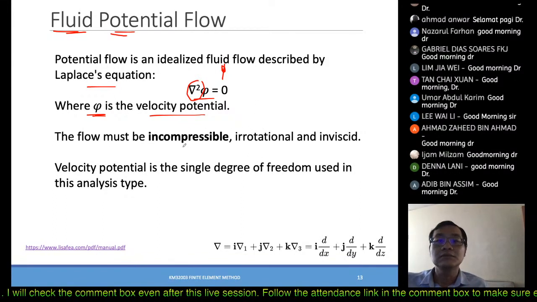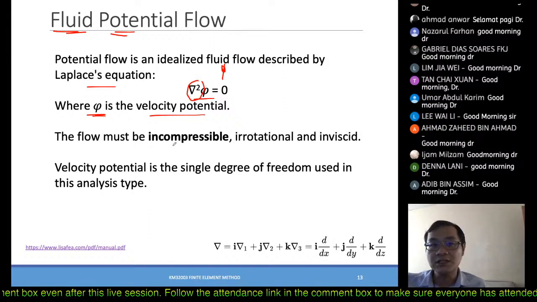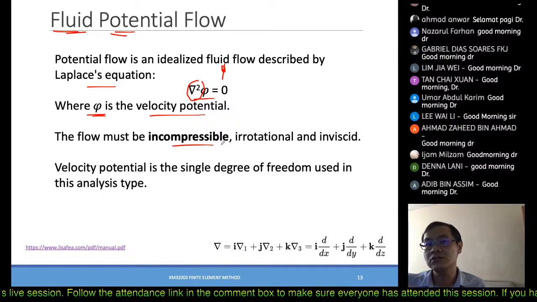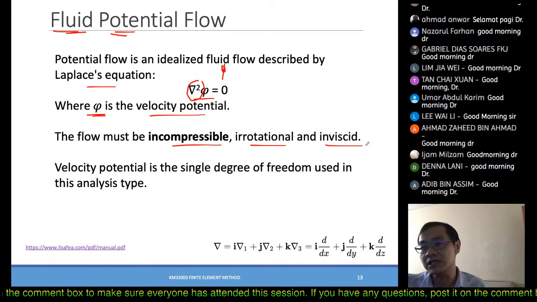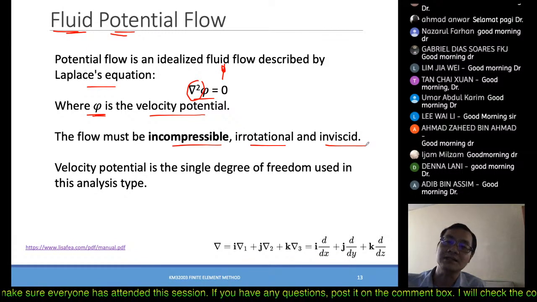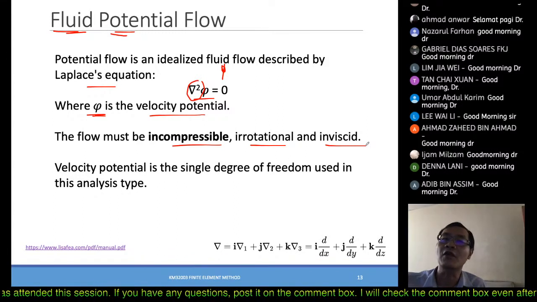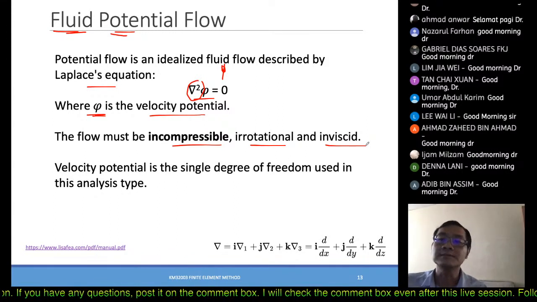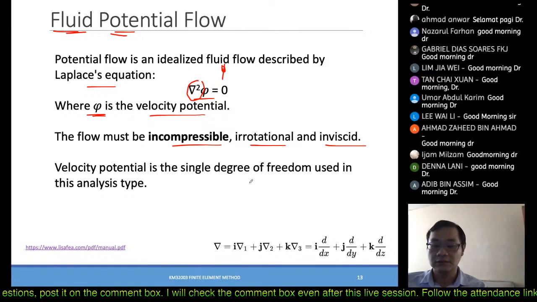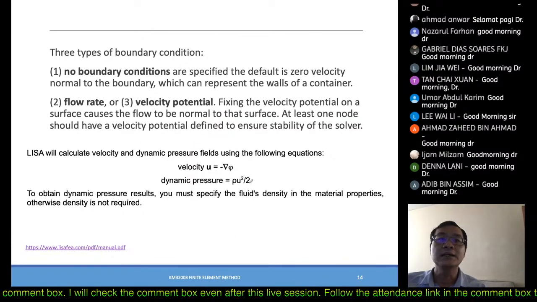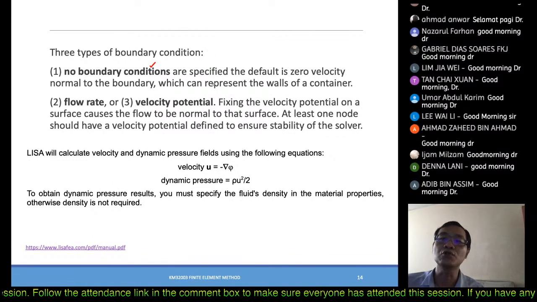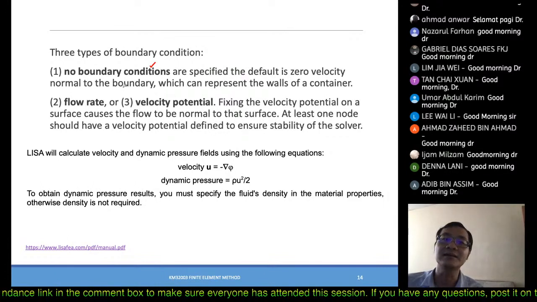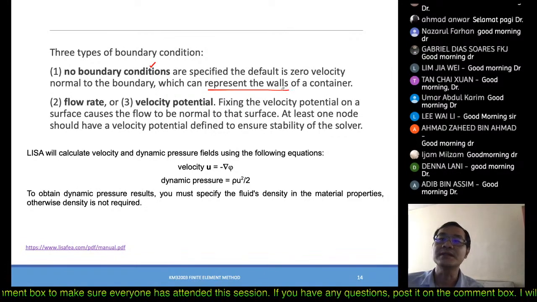Again, we can see the definitions or assumptions are still the same as the theory: incompressible, irrotational and inviscid. Exactly the same, because they are derived from the same basics. And then there are three types of boundary conditions that we have discussed previously. No boundary condition when we do not specify anything, which represents the wall.